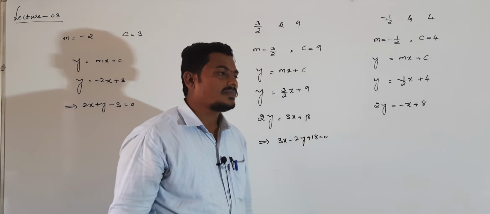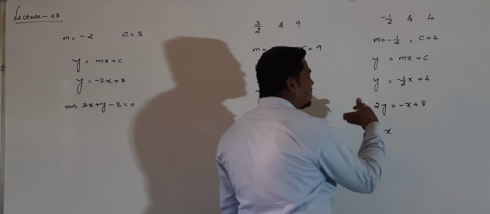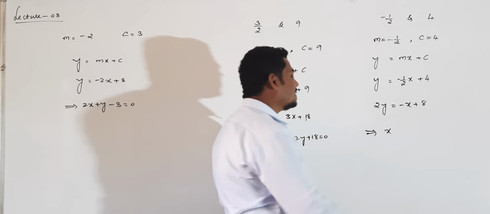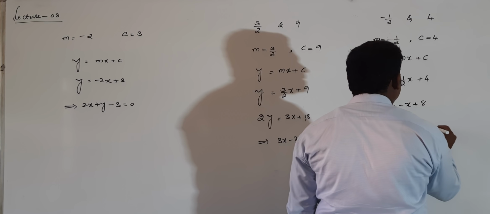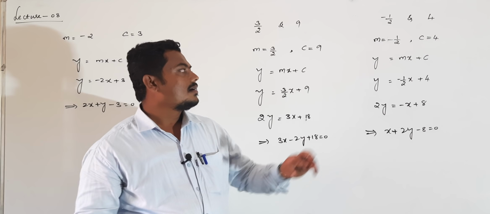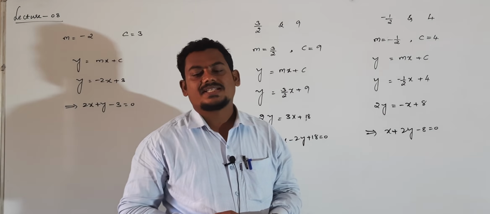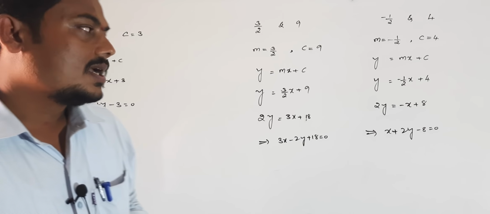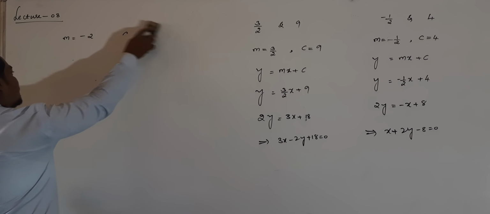After that, rearrangement, take these terms into LHS: x plus 2y minus 8 equal to 0. This is the equation of the straight line whose slope is minus 1 by 2 and y-intercept is 4, right?